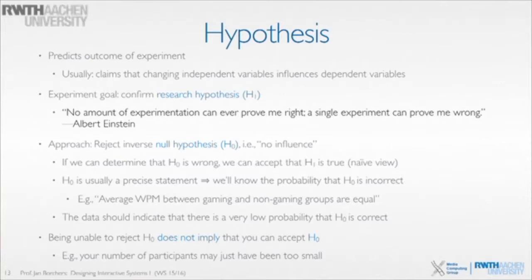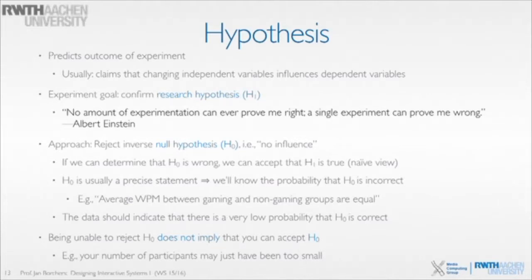So H0, the inverse hypothesis, is usually a very precise statement, so we know the probability that H0 is incorrect if we're done. For example, back to the video game thing, the average words per minute between gaming and non-gaming groups are equal. If they're equal, that's a precise thing, so we can measure if there's a difference. We can show that they are not equal at a certain level of confidence.